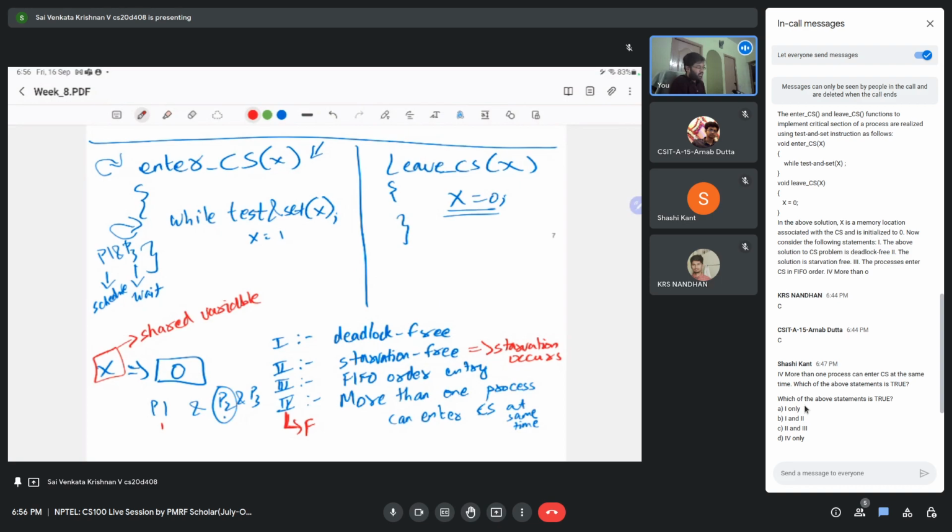Whichever process executes this while test and set properly will gain entry into the critical section, and the remaining two processes should wait, and randomly one of them will again execute this and pass the test and set condition. So starvation might occur. So option 2 is untrue, and based on it we rule out B and C.